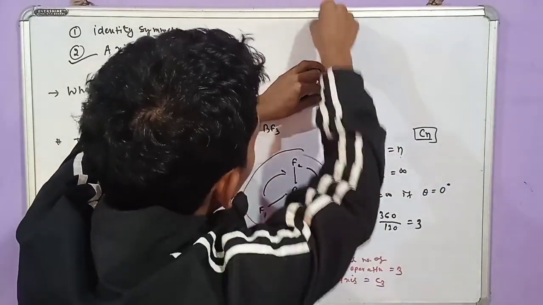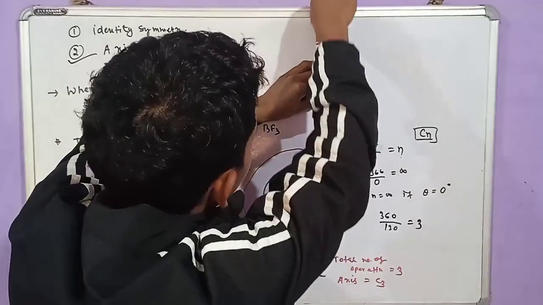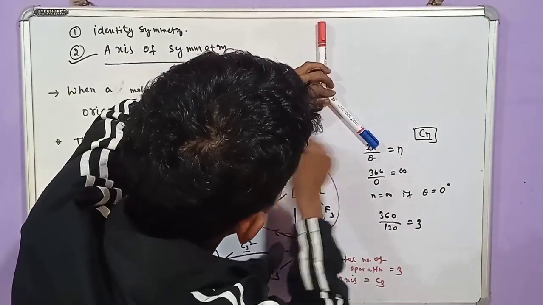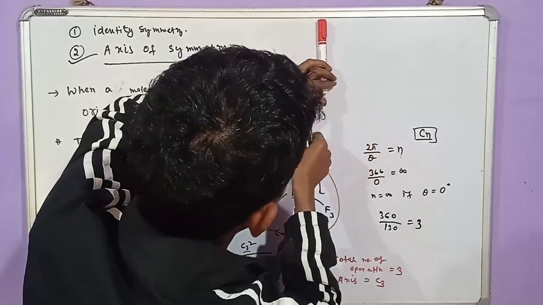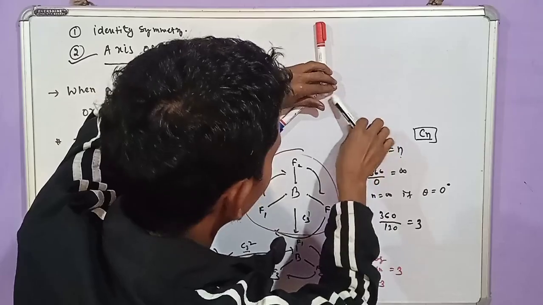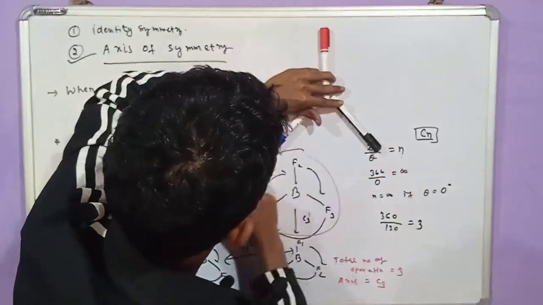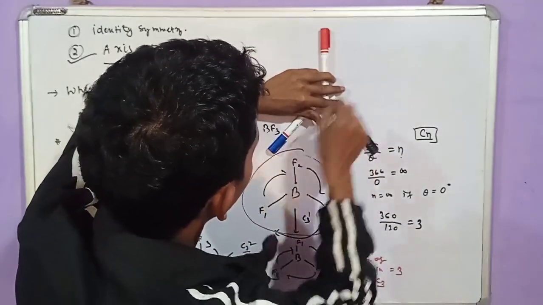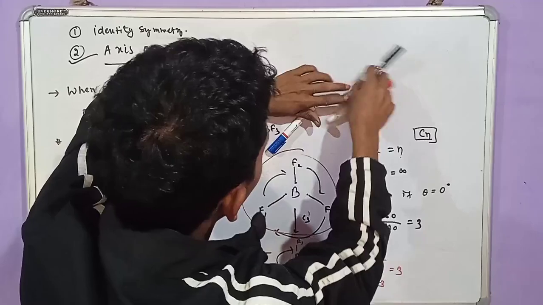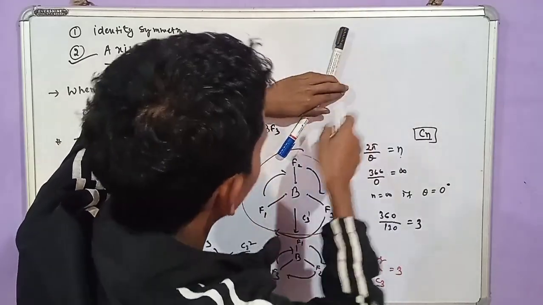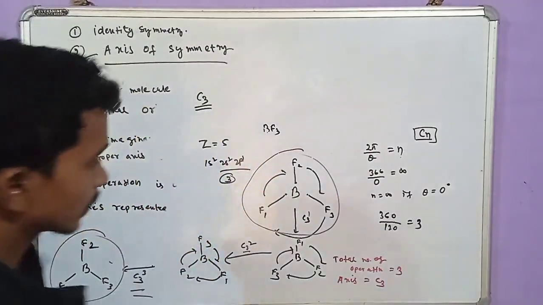Since the thread is coming with this atom, this atom will not rotate, only these two will rotate, so they get exchanged. Okay, so C2 is there. Similarly, in another case, if I pass the thread from here, this will not change, these two will get exchanged. Similarly in the other case, so 3 C2 axes are present.